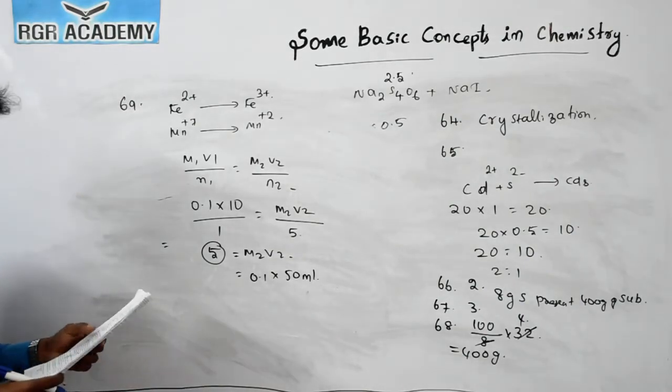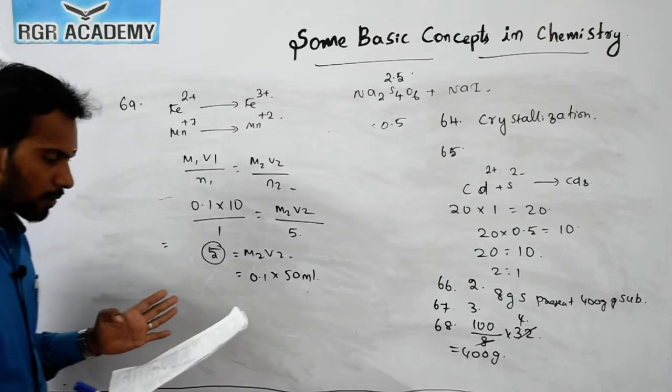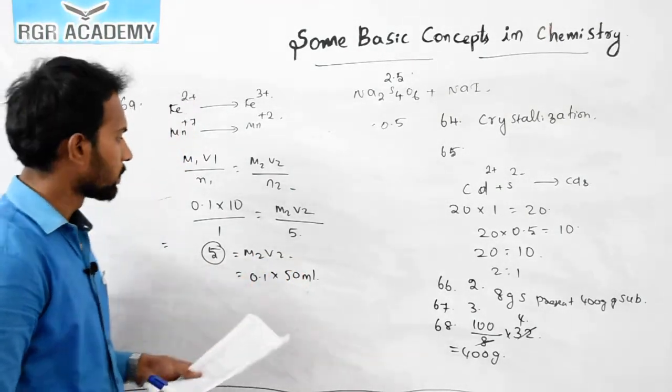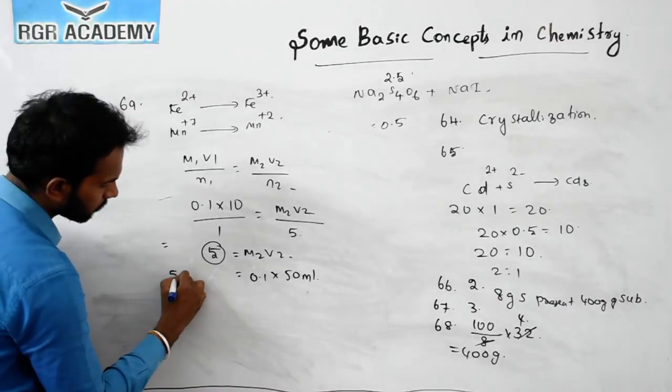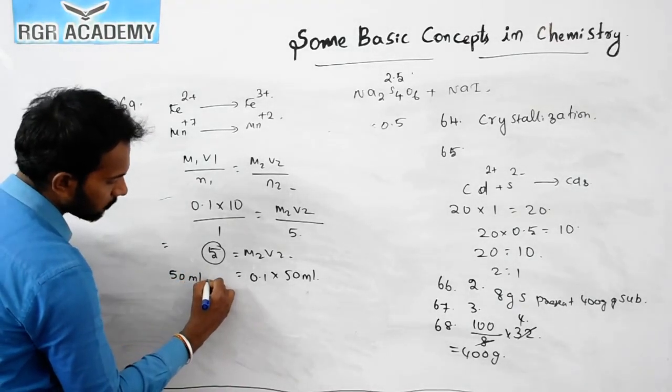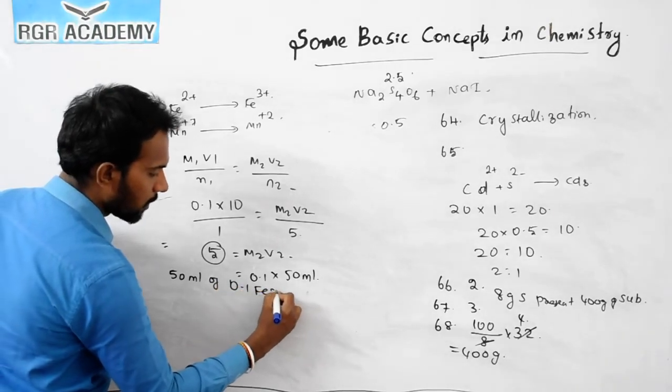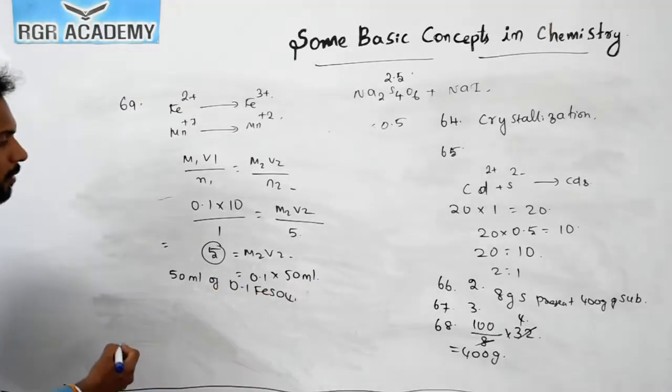So in this case the answer is 50 ml of 0.1 FeSO4. Now the question number 70.